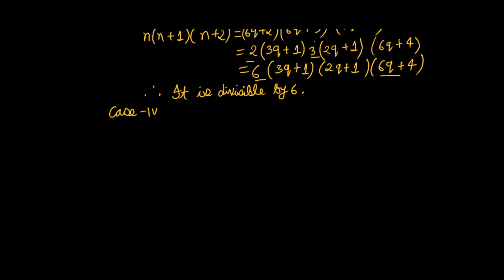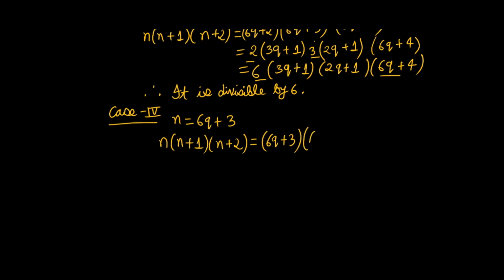Case 4. We have total 6 cases. So n is equal to 6q plus 3. So we can write n into n plus 1 into n plus 2. So we will get n value is 6q plus 3, n plus 1 is 6q plus 4, n plus 2 is 6q plus 5.